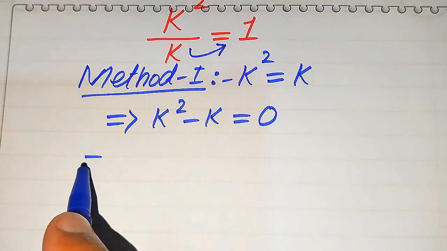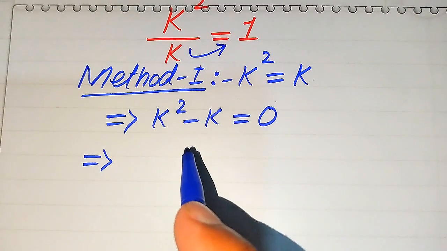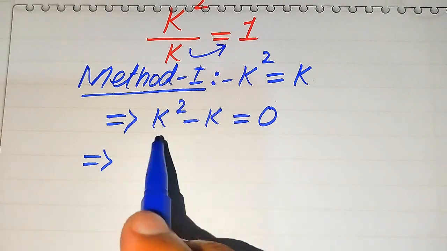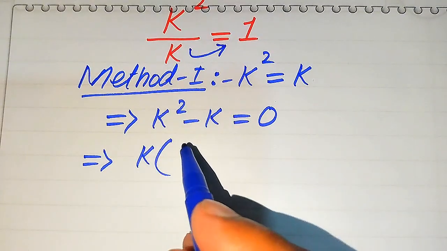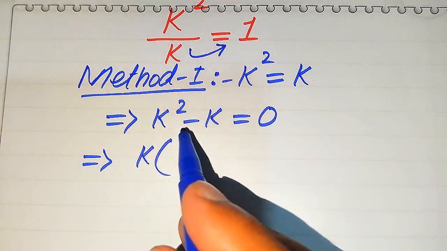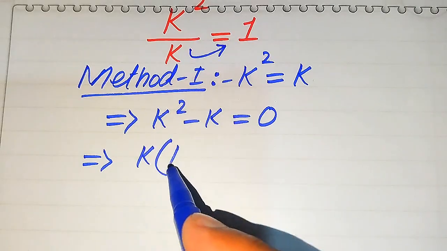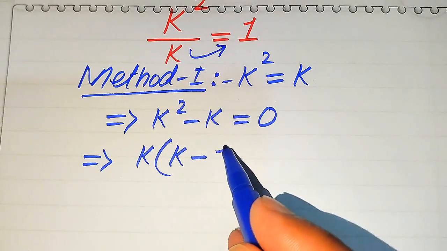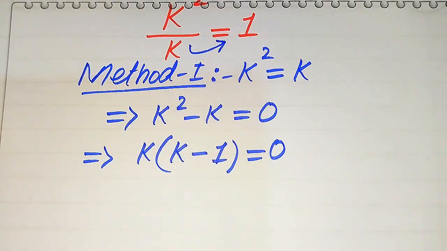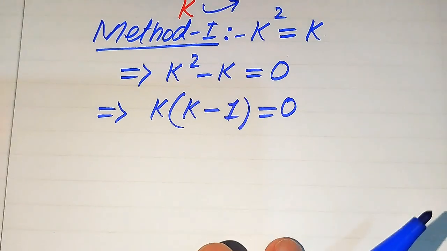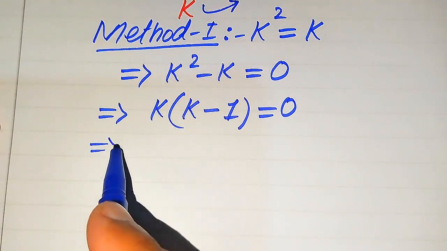And further in the next step we need more simplification, and you see both of these terms involve k, so we will take common k from here. When we take common k, from here we get k only, minus from here we get 1, and this whole equation is equal to 0. And now we divide this equation into two cases.